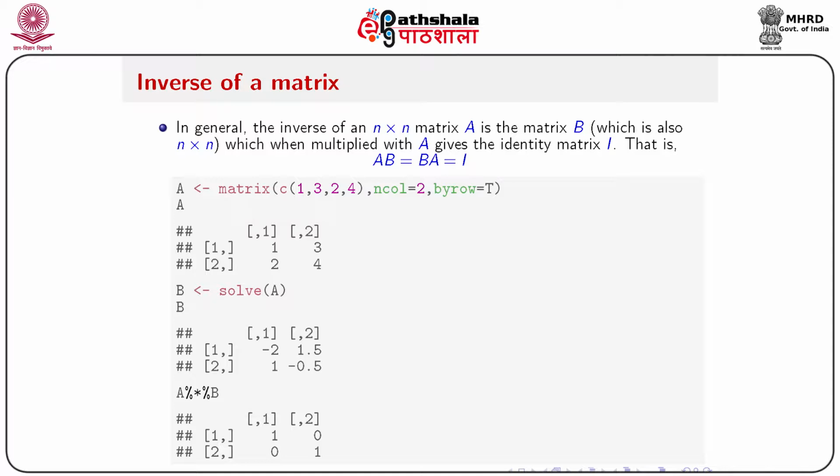The first argument should be a square matrix, and then you can just write B equals solve(A), and if you type B, you will see the inverse of the matrix. To check whether B is the inverse of A, you can write A multiplied by B, matrix multiplication, and you will see that it is actually an identity matrix.